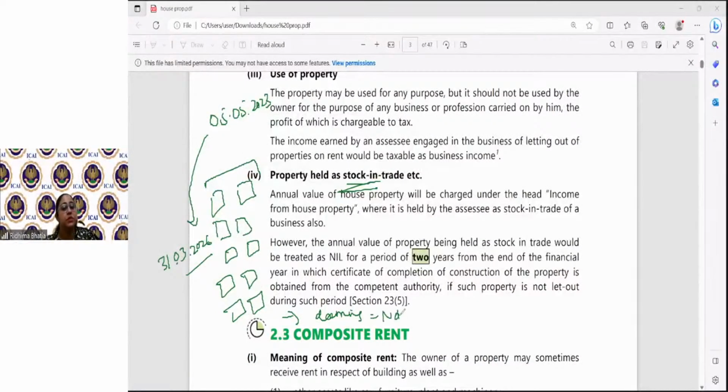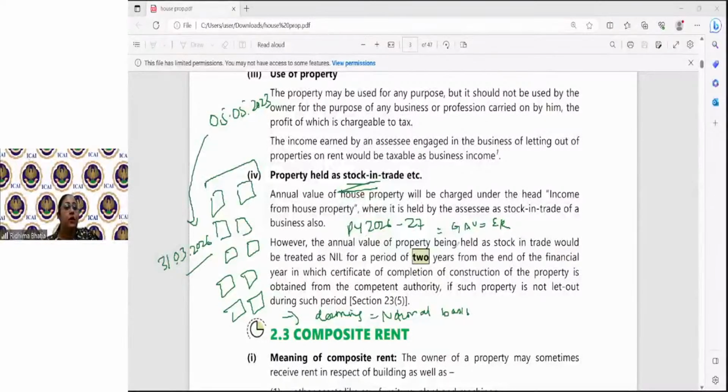I have to offer the gross annual value of these flats as my notional income. किस साल से? From previous year 2026-27 से. मैम notional income आप GAV को expected rent मान के notional income you will offer.